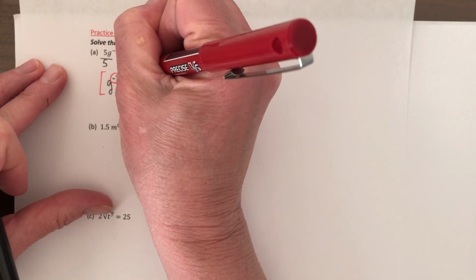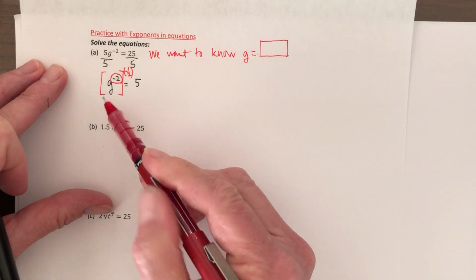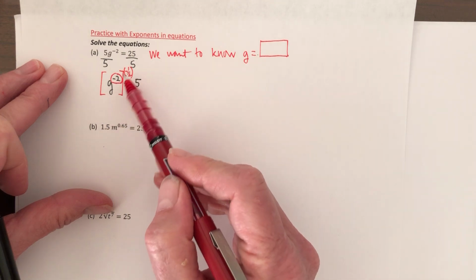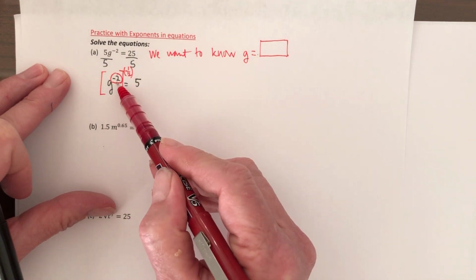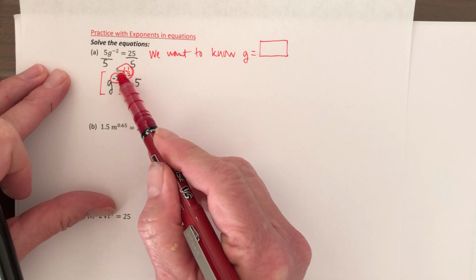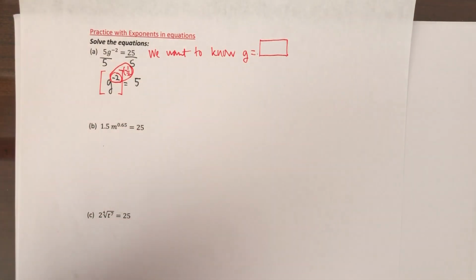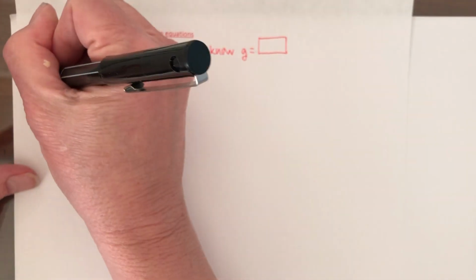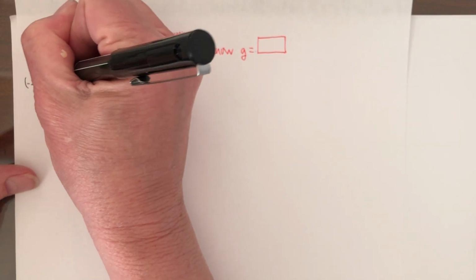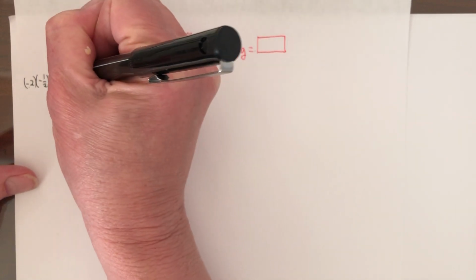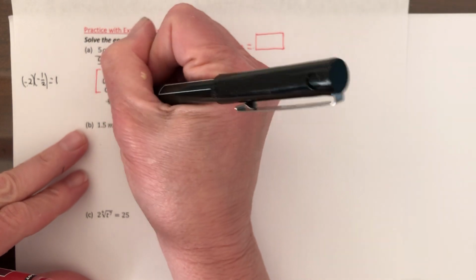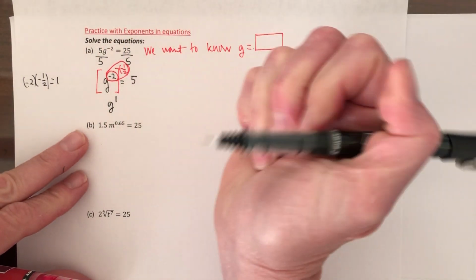How about negative 1/2? So g to the negative 2 to the negative 1/2, this right here would be negative 2 times negative 1/2 is a positive 1. So that's awesome. That would make a g to the 1 on the left side.